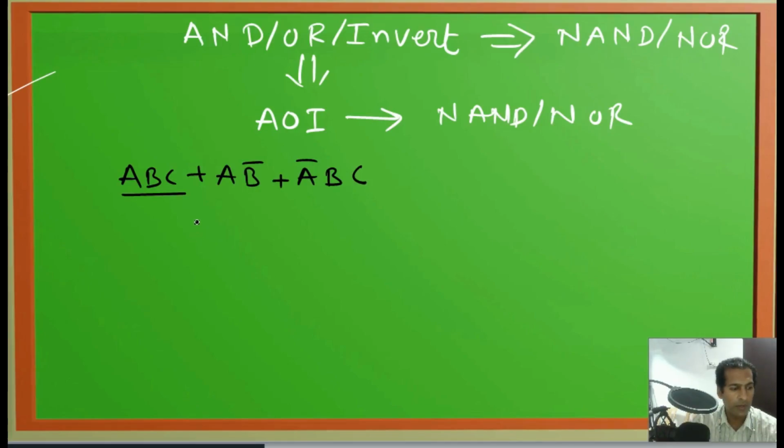First we have ABC, with inputs A, B, C all ANDed.